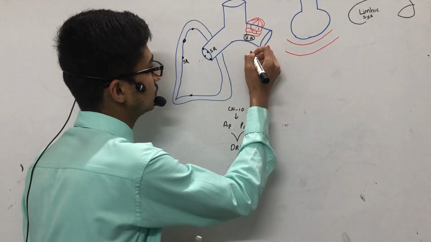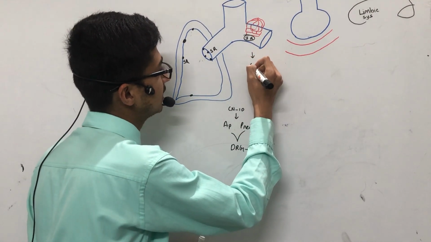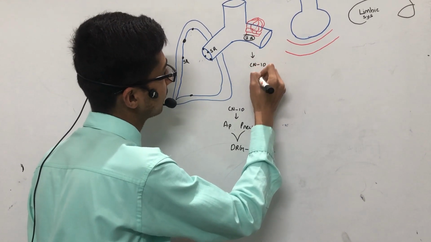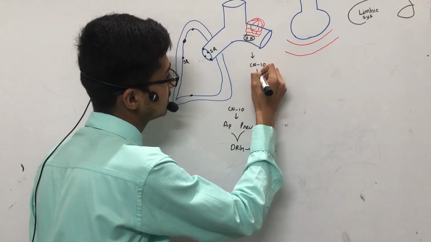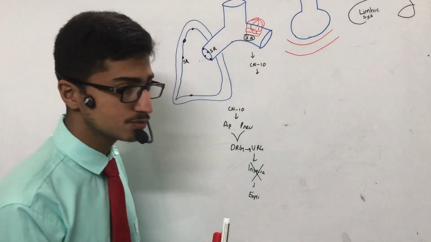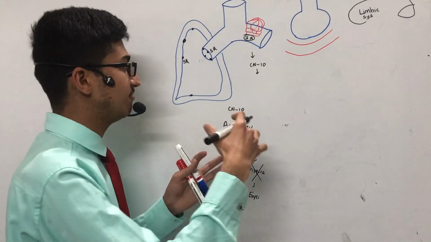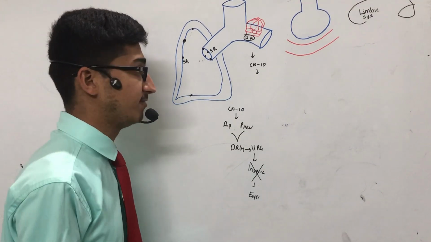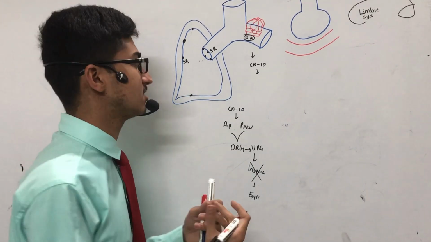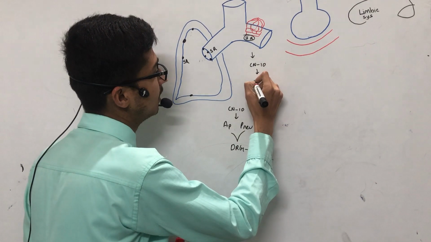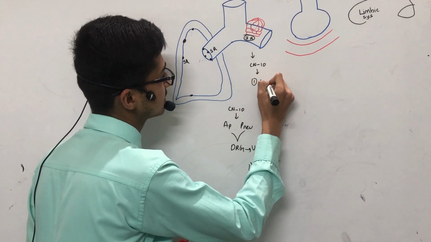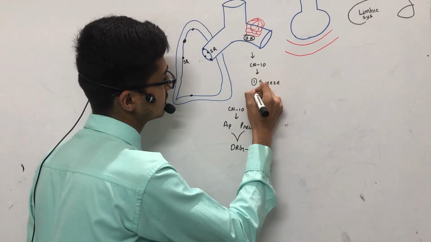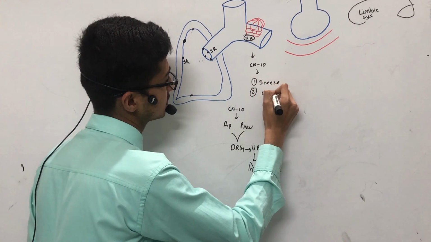They are also directly connected to cranial nerve number 10. This nerve moves inside the brain and activates certain reflexes of our body, known as the protective reflexes. Number 1 is the sneeze reflex, and number 2 is the cough reflex.